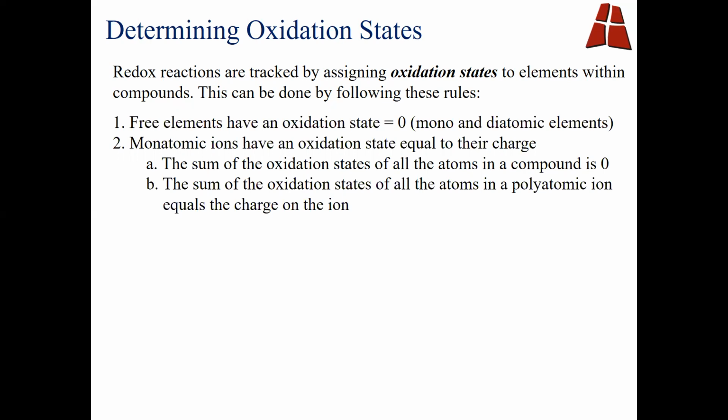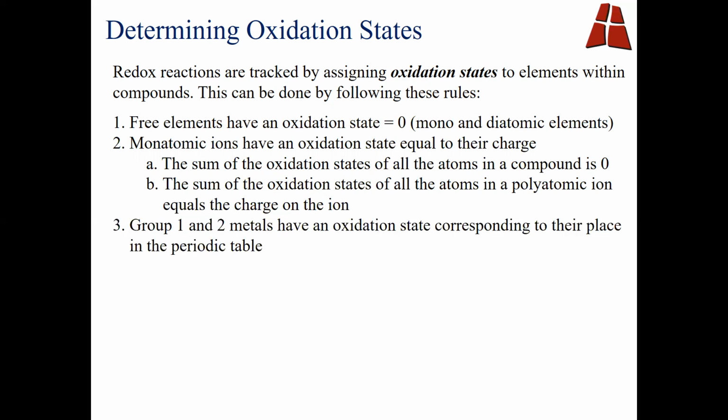The sum of all oxidation states of all the atoms in a compound is 0 if overall the compound is neutral, and the sum of oxidation states for polyatomic ions is equal to the charge on the ion. So for example, something like sulfate, SO4 2-, means that the oxidation states of our 4 oxygens and our sulfur have to all add up to a net of -2. We'll talk about some different examples in this video and in class.